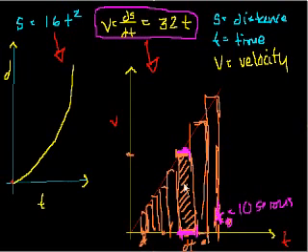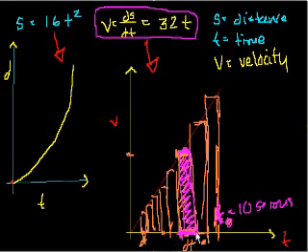And you would get the distance you've traveled over that very small fraction of time, right? But if you look at it visually, that also happens to be the area of this rectangle, right?